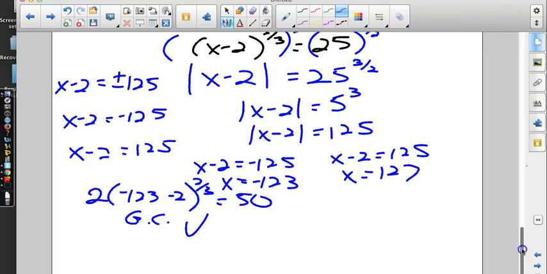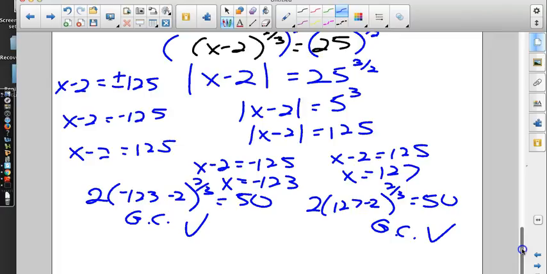And then the same thing with the 127. So it'd be 127 minus 2, 2/3 equals 50. Because most people probably won't want to say, oh, negative 125, the cubed root is negative 5, negative 5 squared is 25, 2 times 25 is 50.